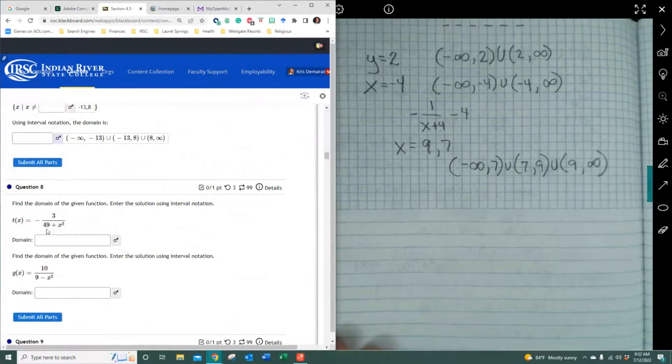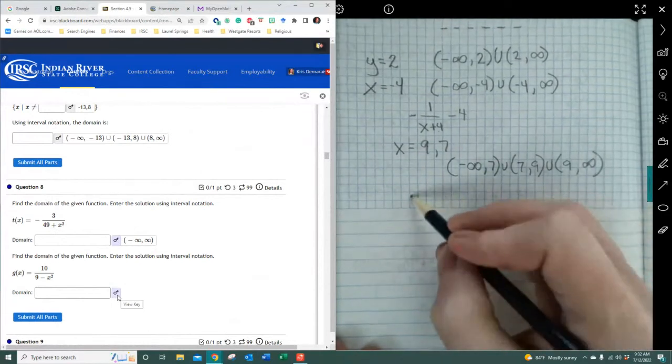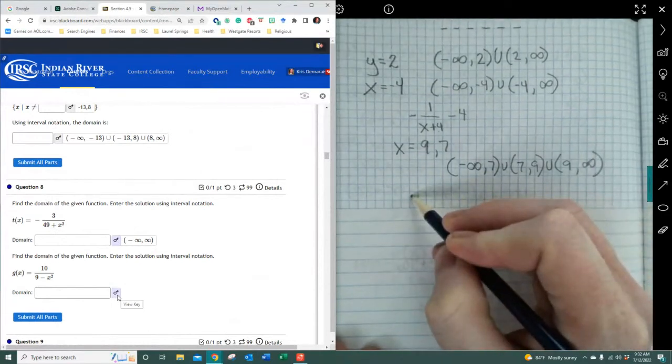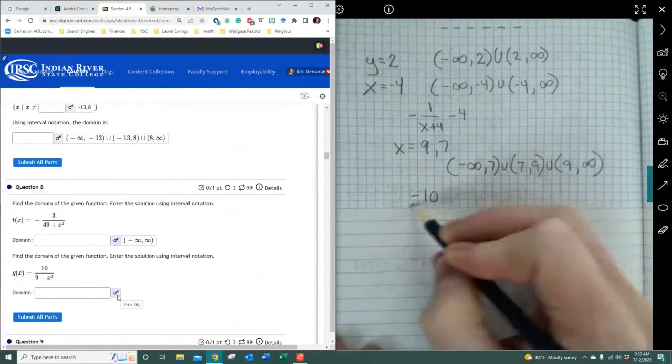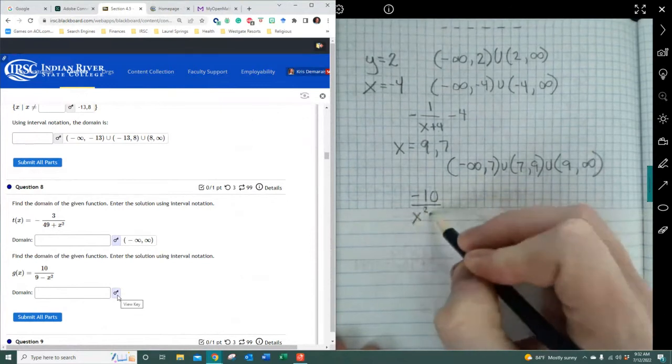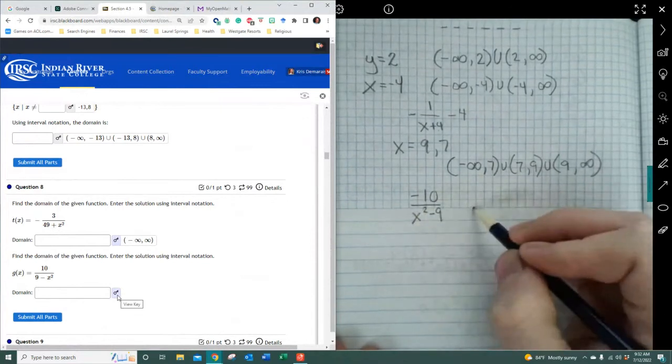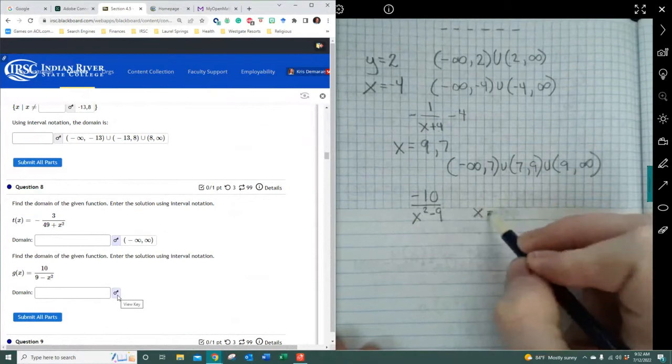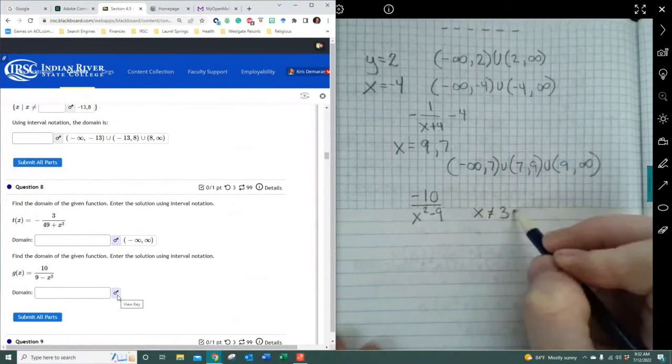This one, there is no domain restriction, so the domain is all real numbers. Whereas with this one, I don't like it written that way. Personally, I'd write it this way, because x cannot equal 3 or -3.